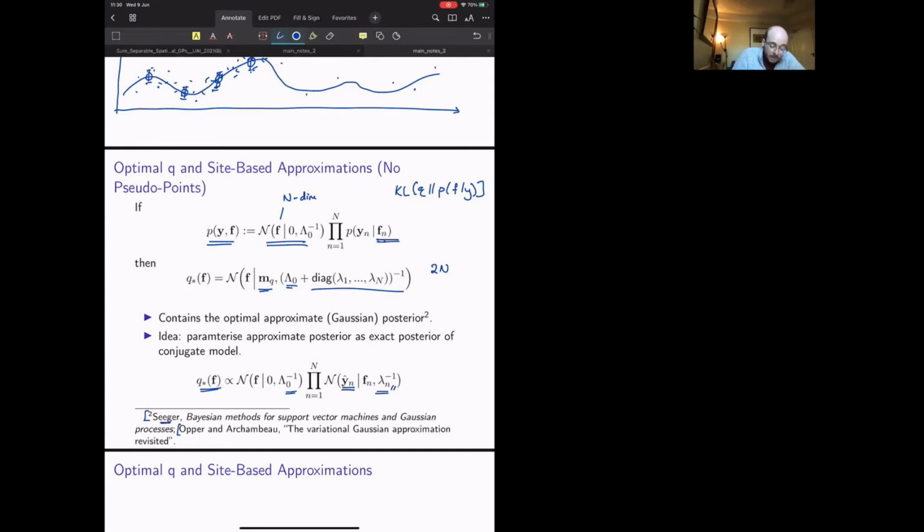And so this is the same as saying the optimal approximate posterior can be expressed as the exact posterior under this surrogate or approximate or pseudo model, whatever you want to call it.